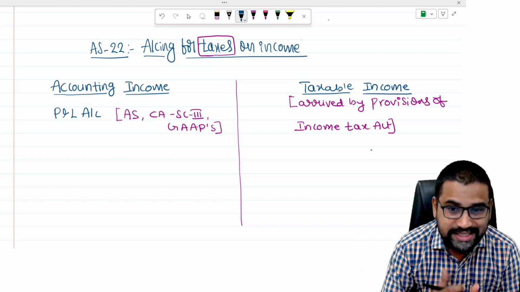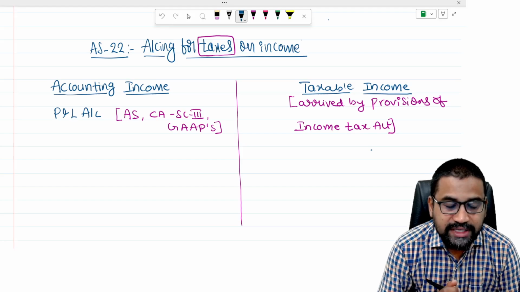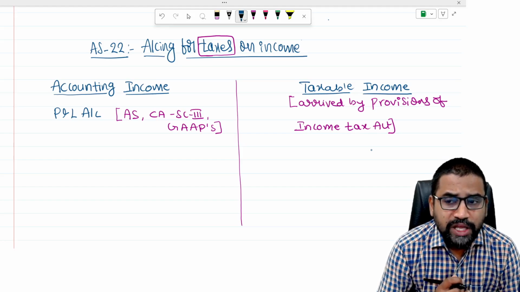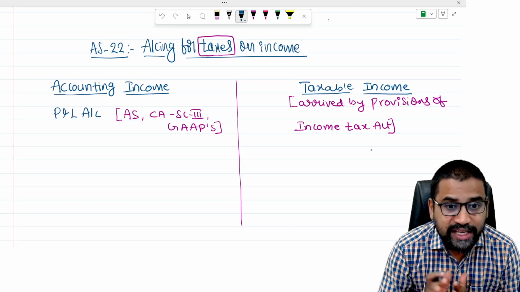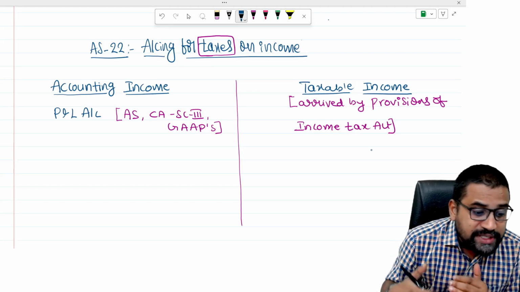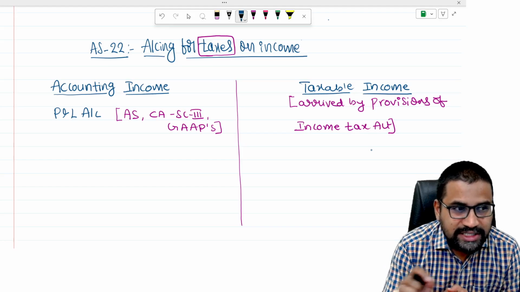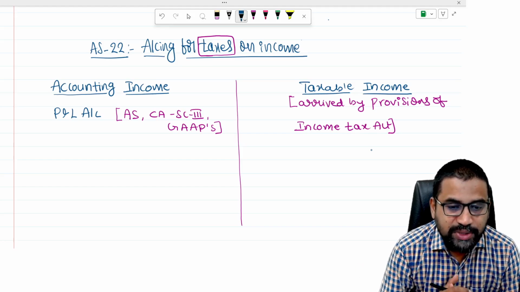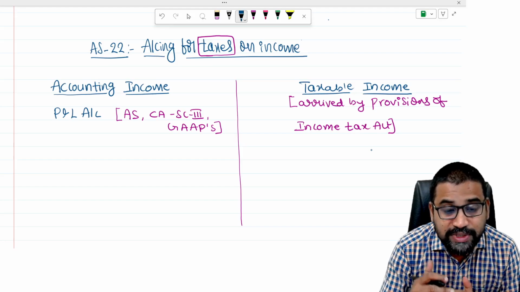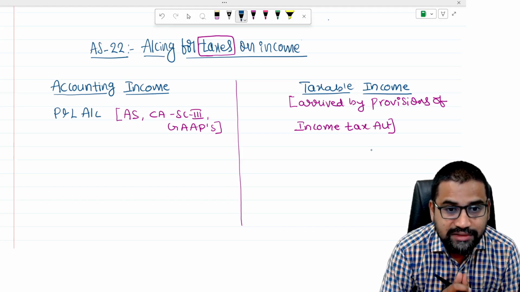Now see, moreover in Income Tax Act, we have special deductions, and sometimes there is a deferment of benefits. Suppose, for example, any preliminary expenses incurred. Income Tax Act says these preliminary expenses we will allow over a period of 5 years. I think in section 35D, one section is there in PCBP. That section says that preliminary expenses will be amortized over a period of 5 years.